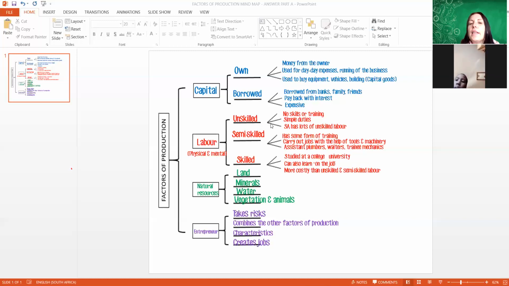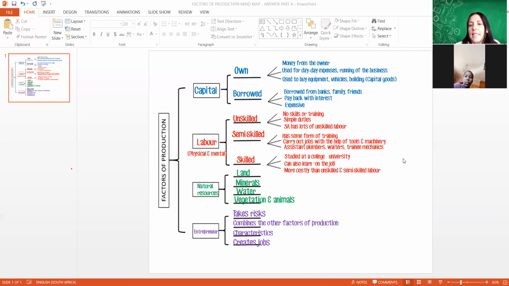So now let's talk a little bit about unskilled labor. That's usually when we talk about people who really do not have any form of skill or training. And I don't know if you agree with me, but there's really very, very few jobs nowadays available where a person can actually do a job without having any form of skill.